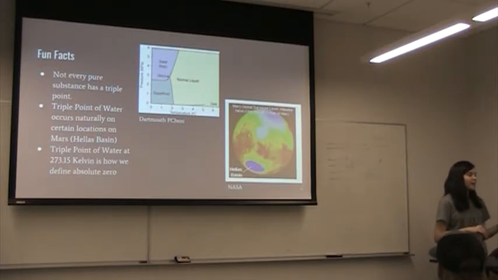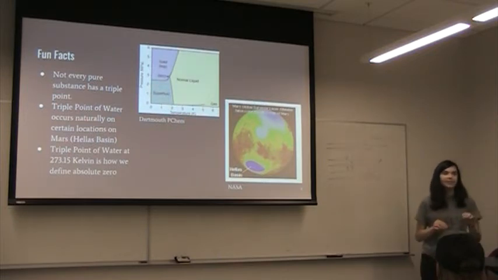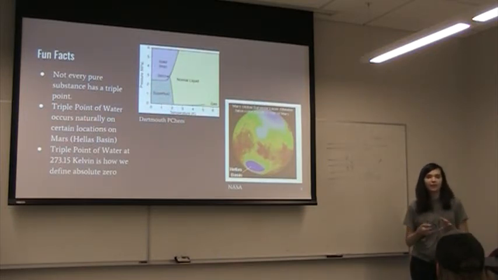Another fun fact is that the triple point of water could theoretically occur on Mars. Since Mars has a very thin atmosphere, its pressure is around the 611.5 pascals needed for the triple point, and its temperature is also low enough for the triple point of water to be reached. However, it's kind of unlikely this would happen because, as we saw in that video, most of the liquid water on Mars would immediately vaporize instead of staying a liquid because of the really low pressure.